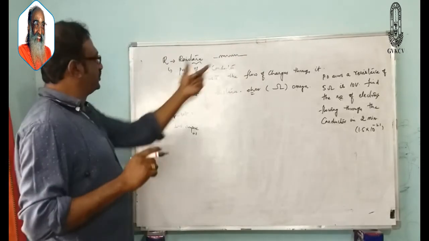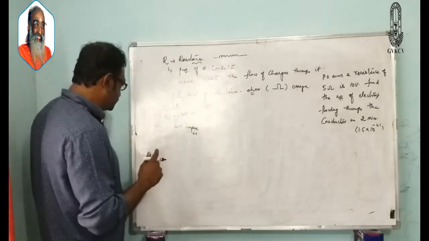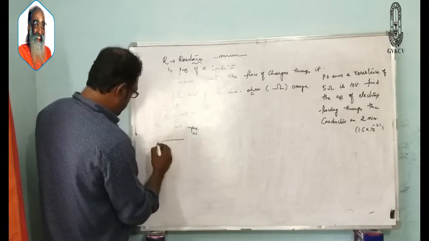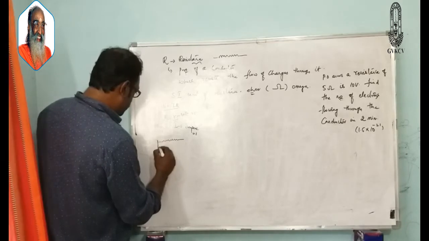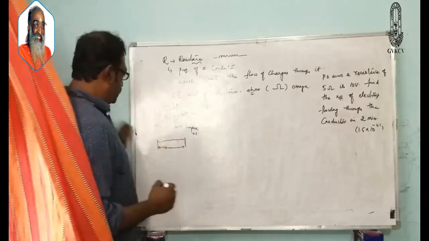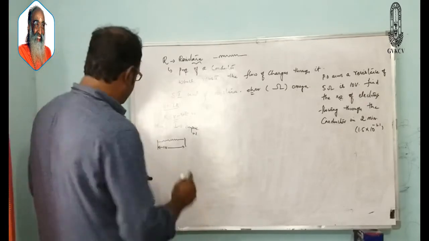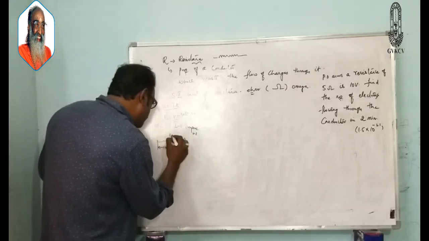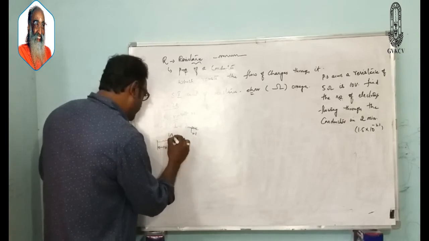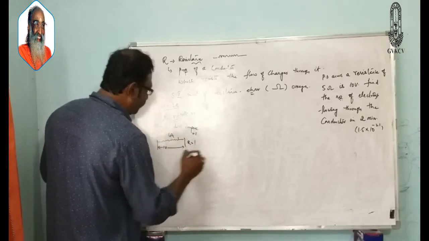So in a circuit we use this symbol for showing the resistance. Suppose a resistance is there, and you are applying a potential difference of 1 volt, and the current flowing in the resistance is 1 ampere.